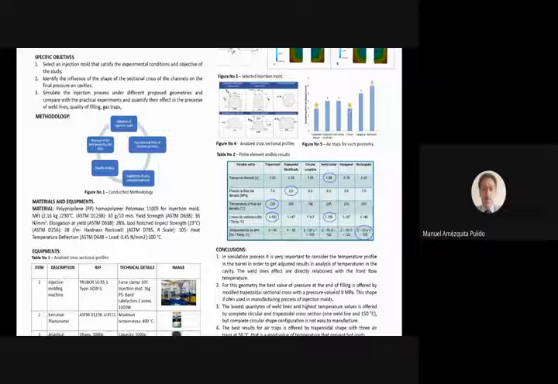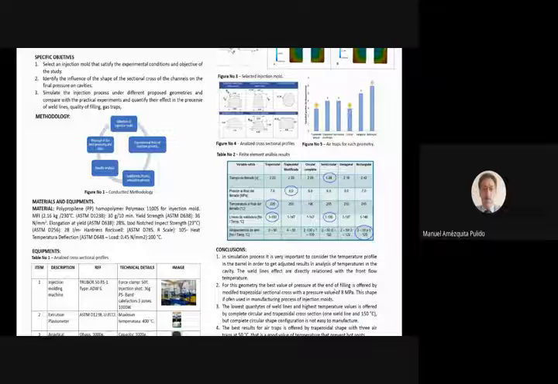Air traps: the best result for air traps was with the trapezoidal geometry, which offered 3 air traps with a temperature of 50 degrees. They could be considered harmless because there are no possibilities of high temperature points that can burn the injected plastic material.